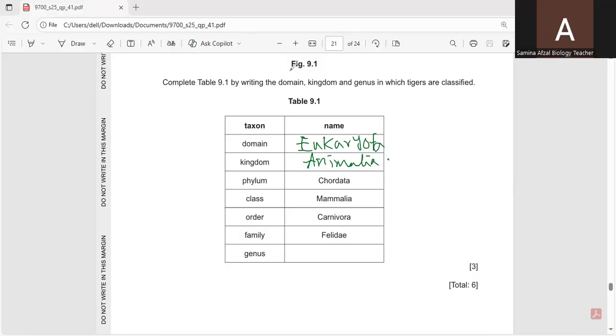Phylum Chordata, class Mammalia, order Carnivora, and family is Felidae.